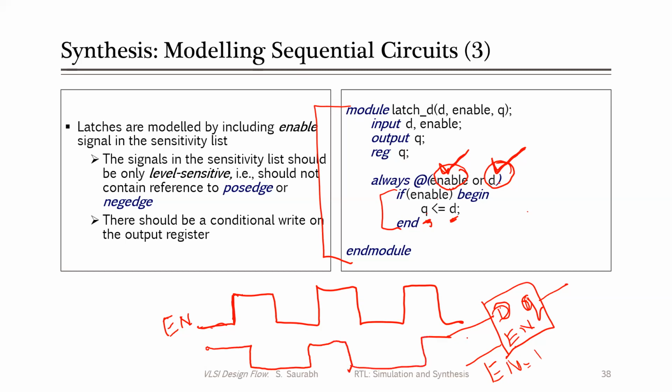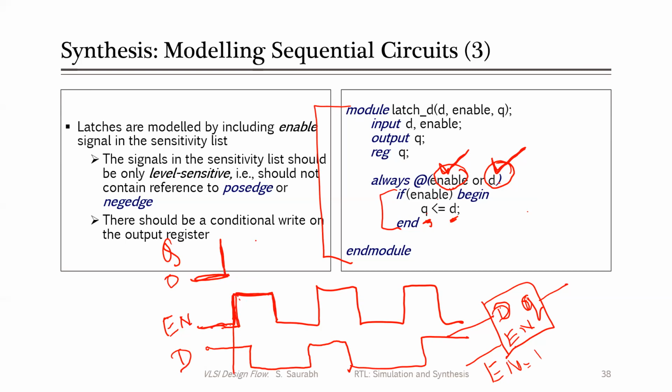Now suppose the D signal was like this. Now we want that whenever the enable is 1, the value of D should be captured, right? So suppose Q was initially 0. So whenever this enable became 1, the D will become here.